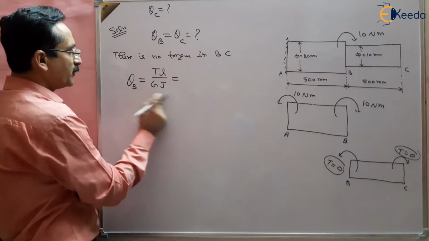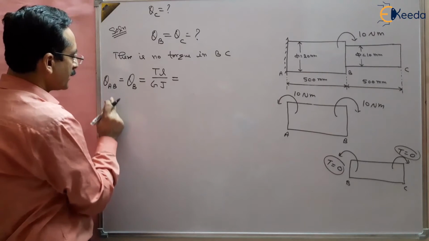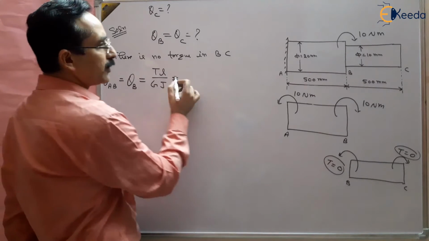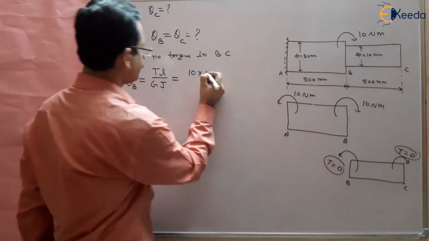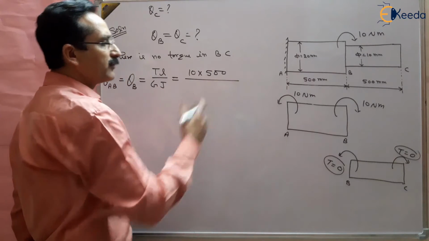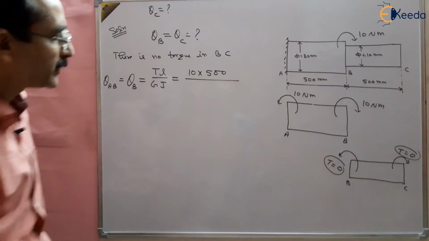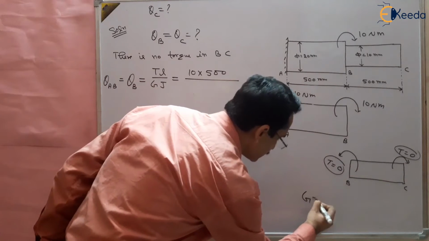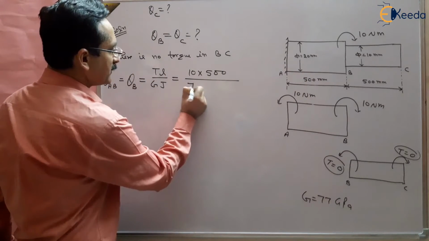So theta B means theta AB, and theta A is 0. The torque is 10, the length is 500 mm, and G is given to us as 77 gigapascal.